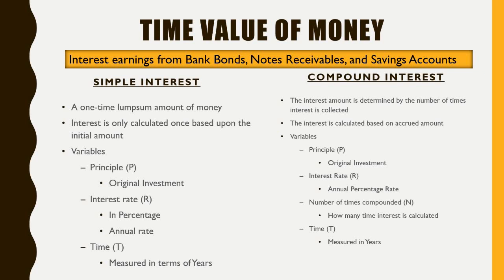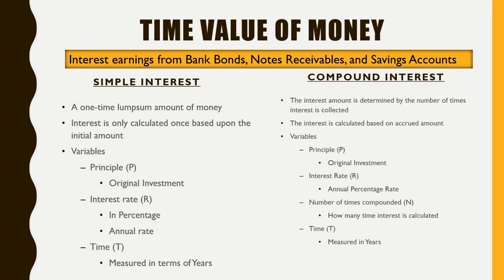Whereas compound interest, you are getting hit with interest multiple times, okay? Now, when I talk about getting hit with interest, I'm talking about an annual percentage, okay? That annual percentage is being calculated multiple times under compound interest. But for simple interest, it's only calculated once.